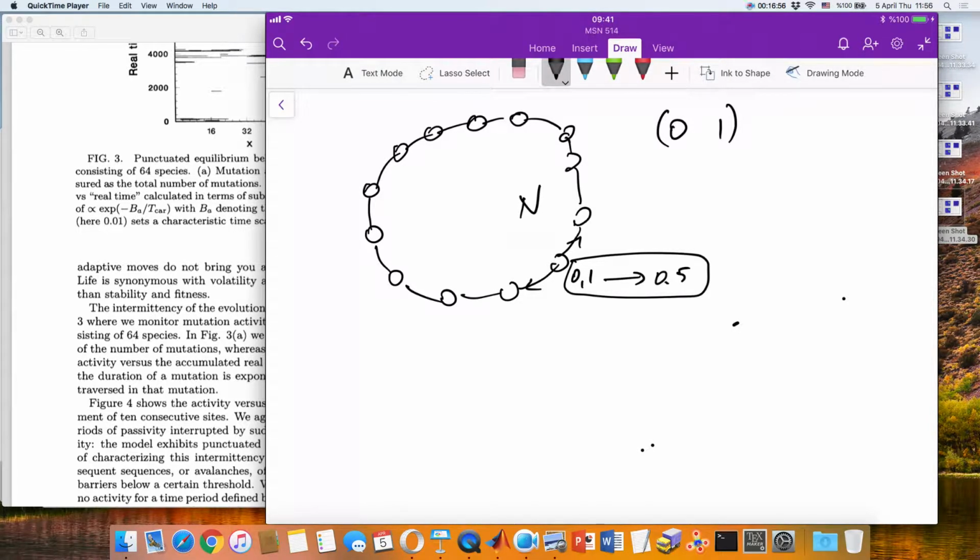Why is that? Well, think of all these sites as species, like all mice, all birds, all whatever. But they are interacting with each other.